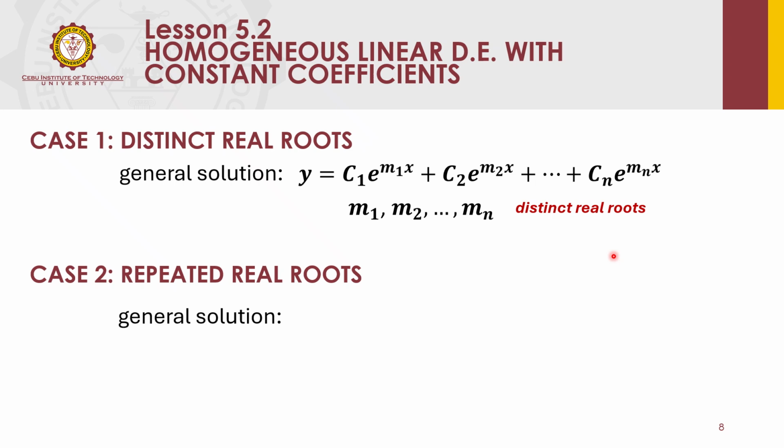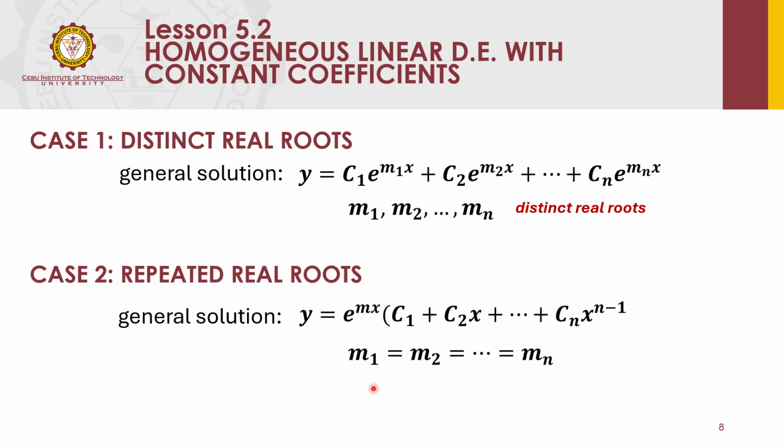So we have the second case, wherein the general solution is for the repeated real root. If, for example, it's a second order DE, m1 and m2 are just equal. So m is repeated n times, for example 2 times or 3 times or 4 times.